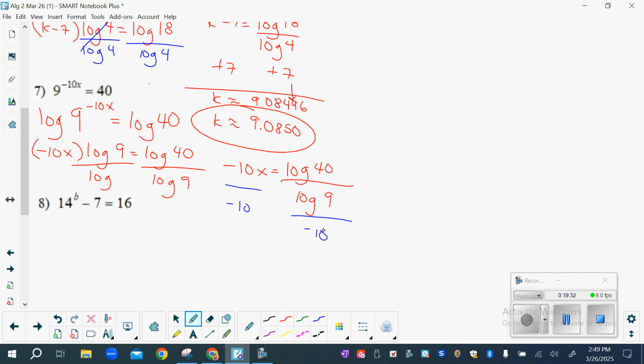Yes, log 40. And we get negative 0.1679. This one rounds up.